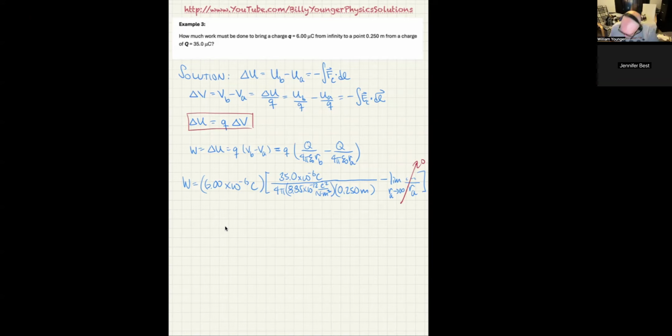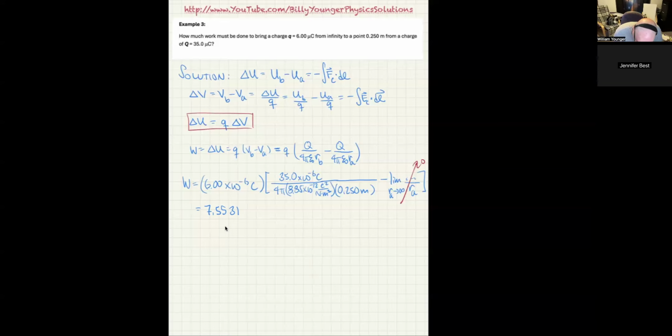So when we do this, we get 6 times 10 to the negative 6 times 35 times 10 to the negative 6, divided by parentheses 4 times 3.14159 times 8.85 times 10 to the negative 12th times 0.250, and that gives me 7.5531, following my practice of carrying two extra sig figs.